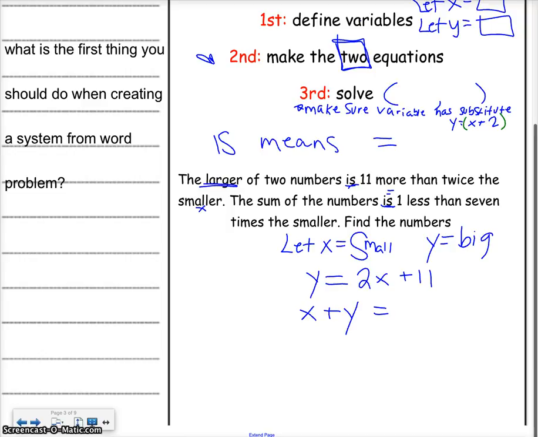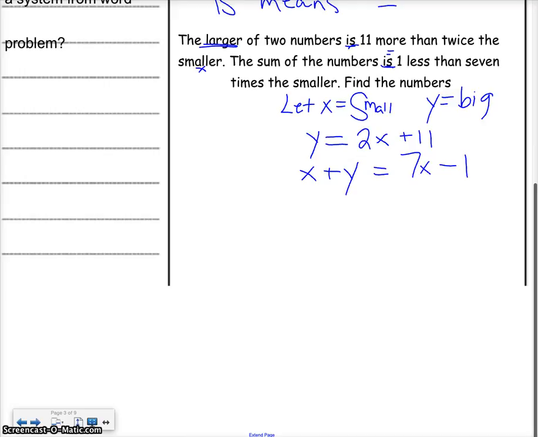Remember, less than means less important. It's so mean to think of it like that. But less than is less important. You put it second. So you go 7 times the small number, x, subtract 1. Let me extend this page. And now I got the hard step over with, kinda, just kidding. It's all pretty intense.